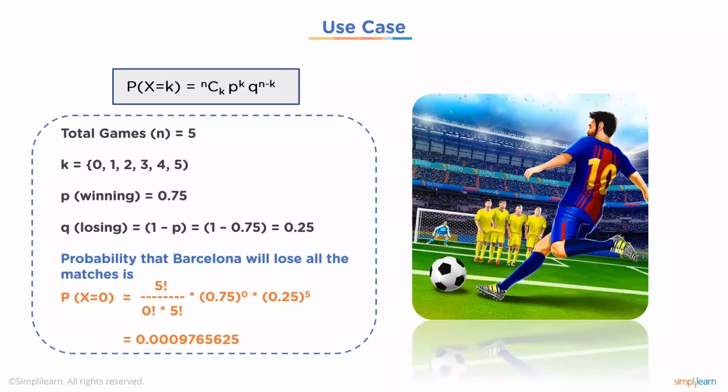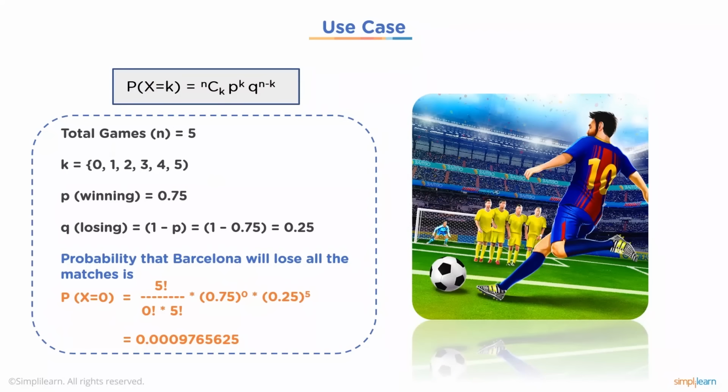So we can do total games of N equals 5, where K equals 0, 1, 2, 3, 4, 5. P, the chance of winning, is 0.75. Q, the chance of losing, equals 1 minus P, which equals 1 minus 0.75, which equals 0.25.